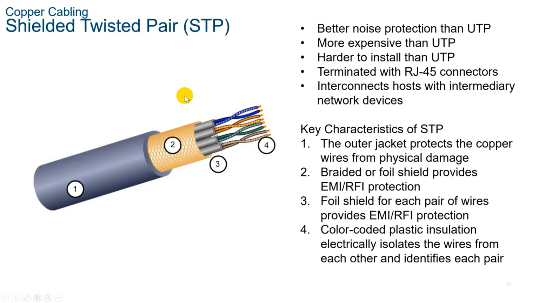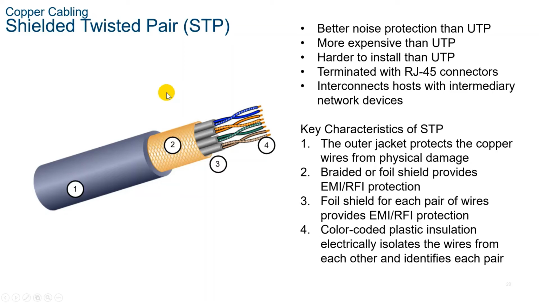The second type of copper cable used in networks is the STP, or the shielded twisted pair. Shielded twisted pair provides better noise protection than UTP cabling. However, compared to UTP cable, STP cable is significantly more expensive and difficult to install. Like UTP cable, STP uses an RJ45 connector.